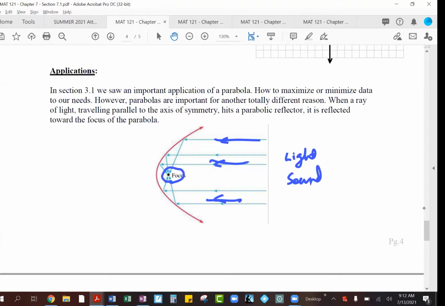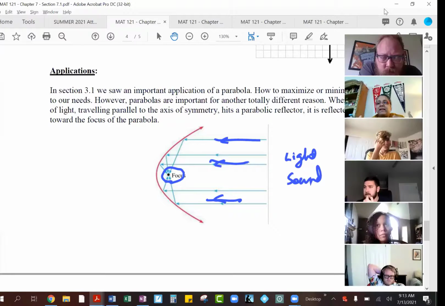So think about those satellite dishes, something like for Dish Network that you put at your home. It's the same concept because the surface of your satellite dish is a parabola, and where they place the receiver, that's where they're getting those sound and light waves. And then of course it transmits to your television.